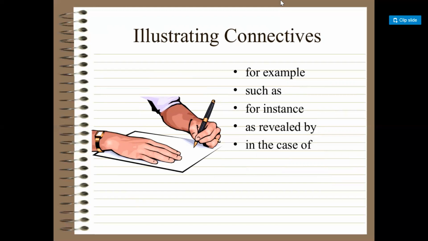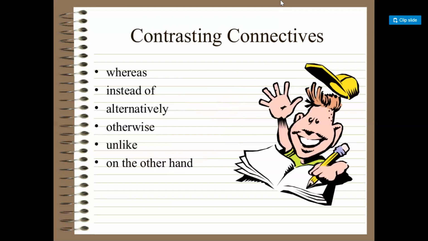For example, such as, for instance, as revealed by, in the case of, would be some of the examples. So, she eats a lot of fruits such as apples, bananas, watermelons, etc. These are some examples for illustrating connectives.